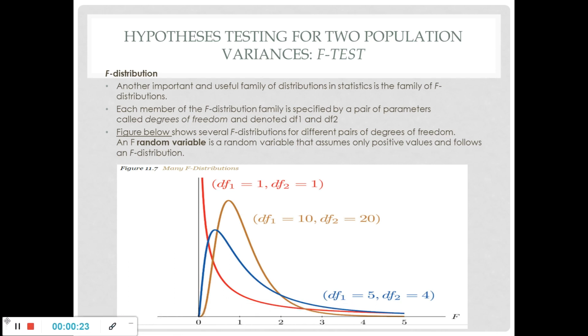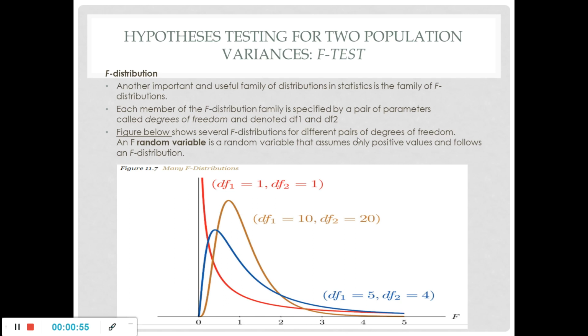In this session, I will be discussing hypothesis testing for two population variances, and that is generally known as the F test because we use the F distribution to make the decision about the rejection or acceptance of the null hypothesis under this test.